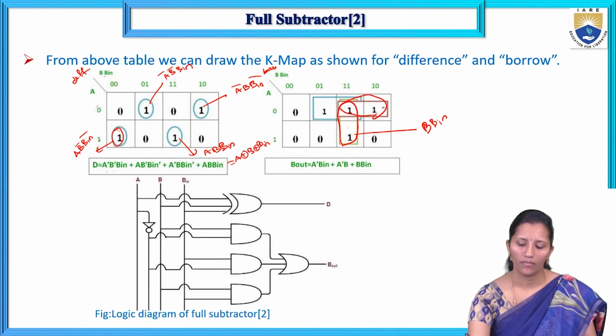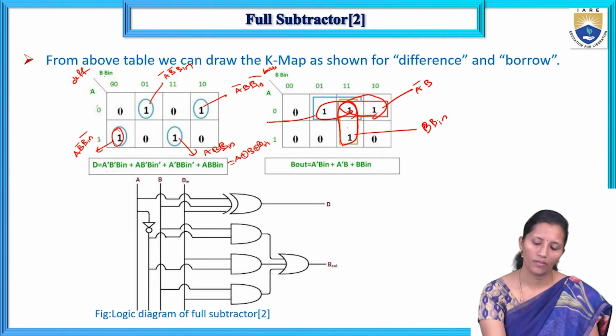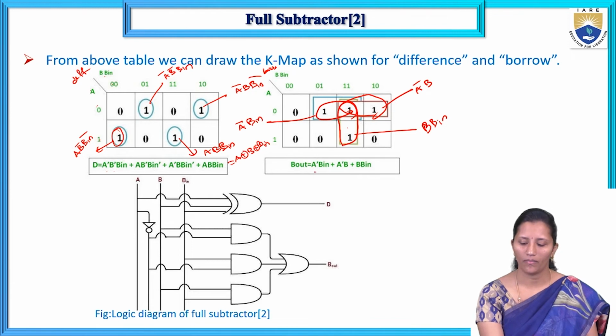For this one we will get A bar B, and if we pair these two ones we will get A bar B in. So add these terms, we will get A bar B in, A bar B, B in.